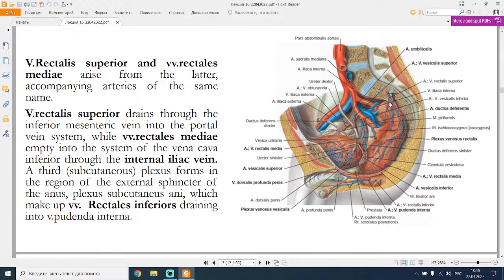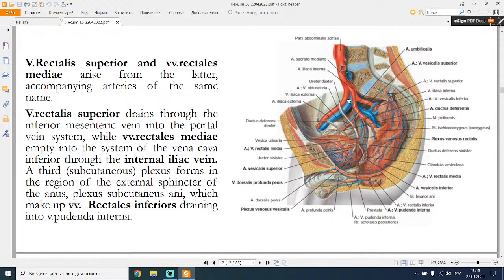Vena rectalis superior drains through the inferior mesenteric vein into the portal vein system, while vena rectalis media empties into the system of the vena cava, vena iliaca interna.